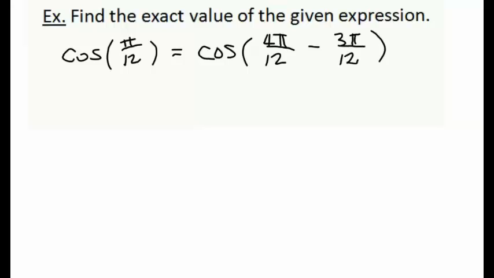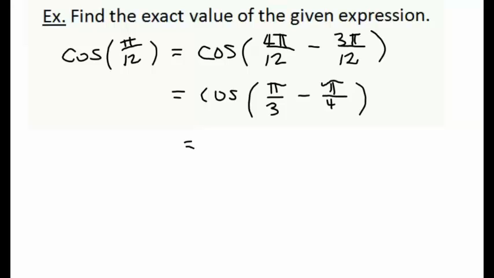If I take 4 pi by 12 and subtract 3 of them, I'm going to be left with my original pi by 12. And we can simplify each of these into a reference angle that we know. So 4 pi by 12 simplifies into pi by 3, and 3 pi by 12 simplifies into pi by 4.